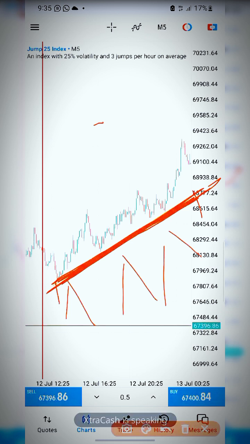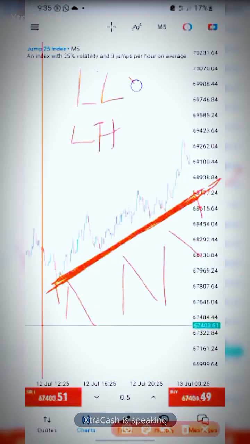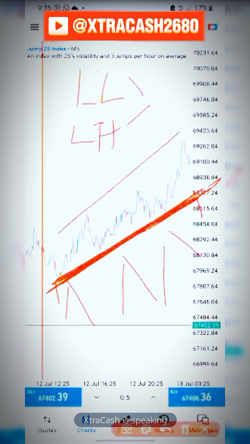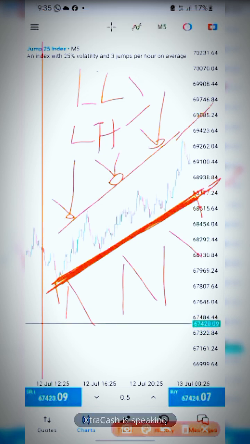So make sure you take note of your lower low and your lower high. If you can identify your lower low and your lower high, just get a trend line and pass it across those reversal points. So you can easily have your trend line, knowing that when next price is coming towards this trend, there's a possibility that price will hit this trend line and go up.